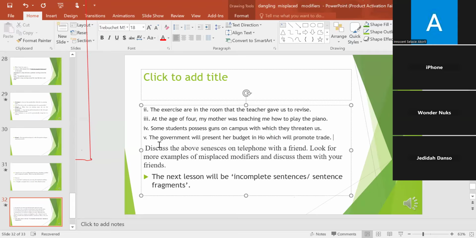Are we going to meet again before you come to face to face? Hello. I'm asking you a question you're not answering. Are we going to meet again online before you come to face to face, or you don't know the timetable?